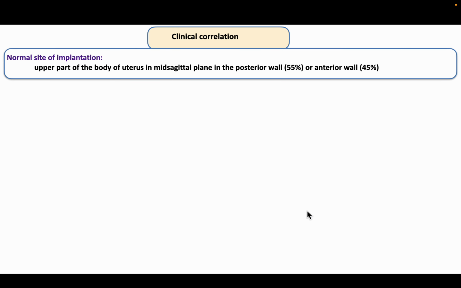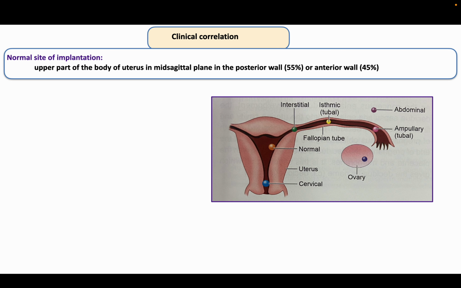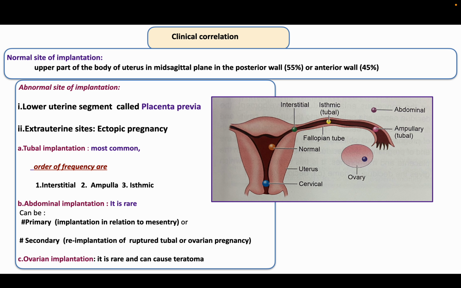Now, the clinical correlation: the normal site of implantation is the upper part of the body of the uterus in the mid sagittal plane, on the posterior wall in 50% of cases and on the anterior wall in 45%. But an abnormal site of implantation may occur. If it is in the lower uterine segment, we call it placenta previa.